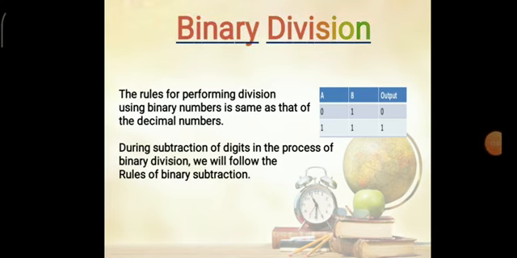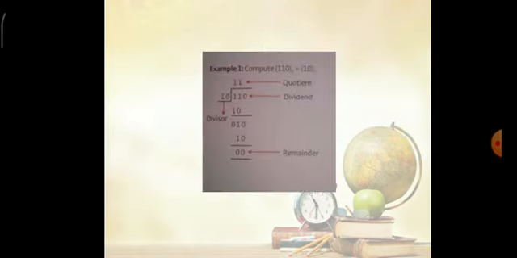Let's have a look at an example. 110 divided by 10. The division is applied in the same manner as you do in mathematics, the division of decimal numbers. The only difference is that when we subtract the digits, the subtraction should be done using the binary subtraction rules.